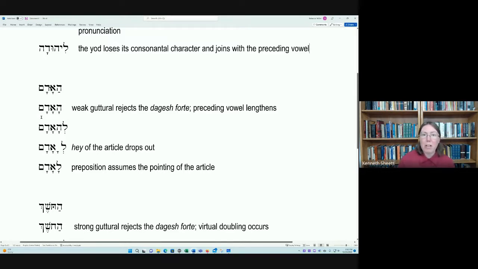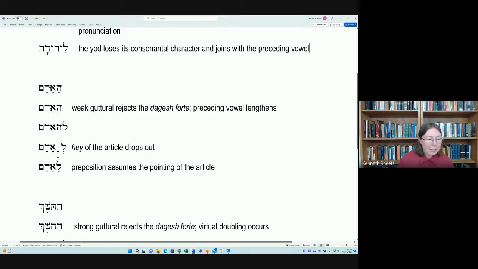Now, so thus we have the human. But now I'm not wanting to say the human, I'm wanting to say to the human. So thus I would go ahead and put the lamed preposition on the front of it. So now we have le ha'adam. But the hey of the article, that hey is a rather weak sound. And so as a result, that hey is going to drop out, leaving us this form here.